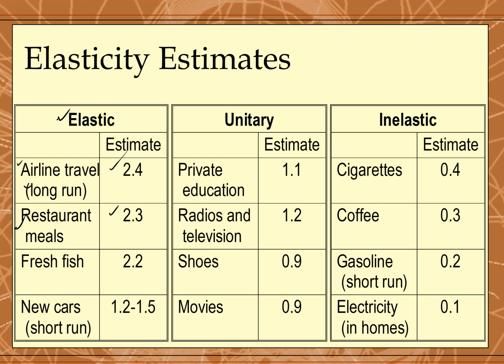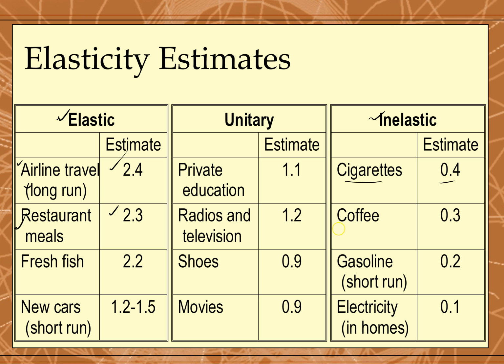What about inelastic? Well, what about cigarettes? The value of E is 0.4, which means for every 1% change in price of cigarettes, demand only changes 0.4%. And that could be because consumers are addicted to the product. So when price goes up, you only see a very small drop in demand because people really, really need it.